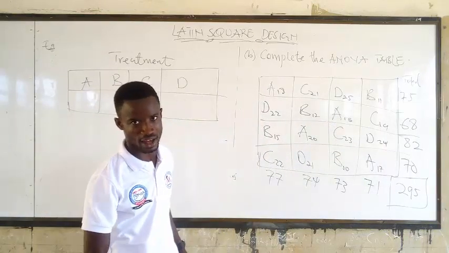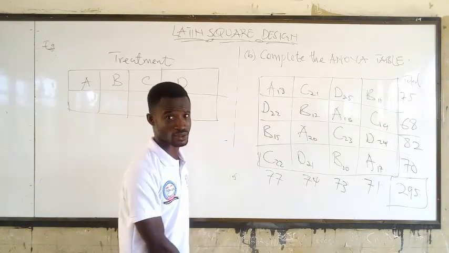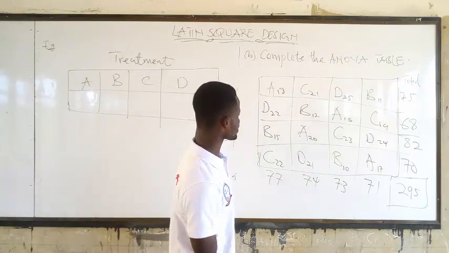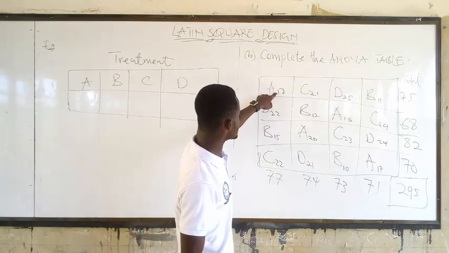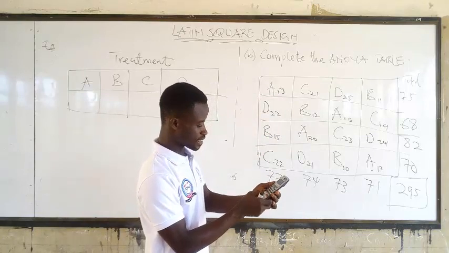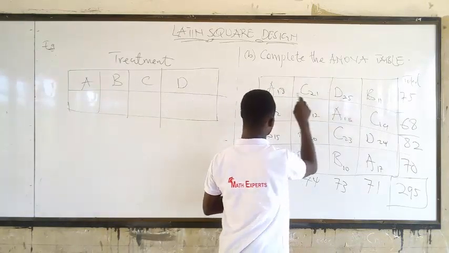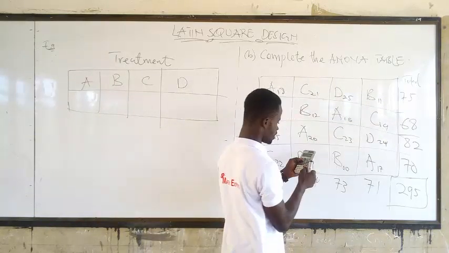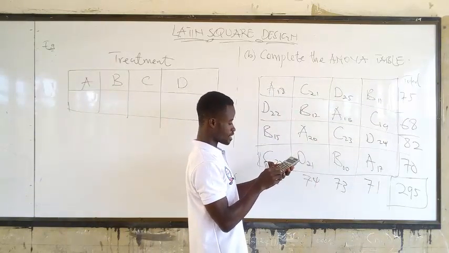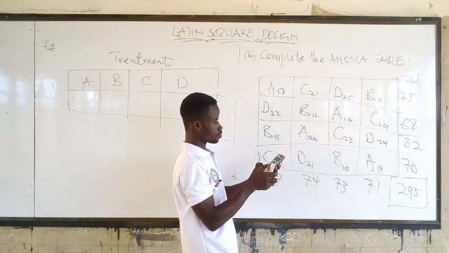So take your calculator. I have my results already, but you take your calculator and let's do it step by step. Let's try A. First row, 18.